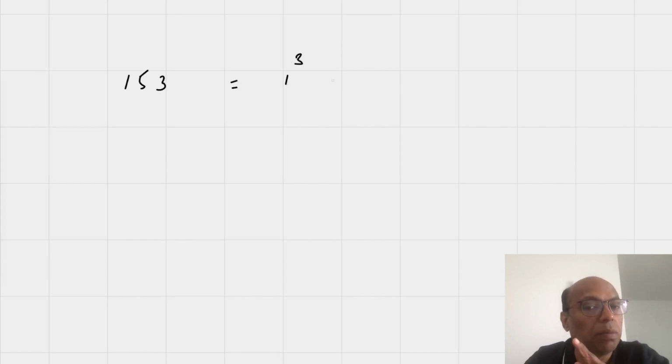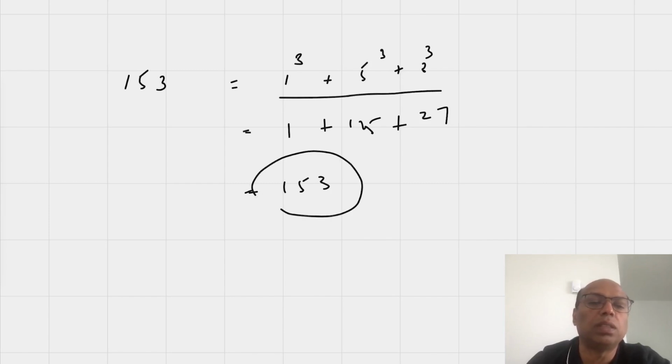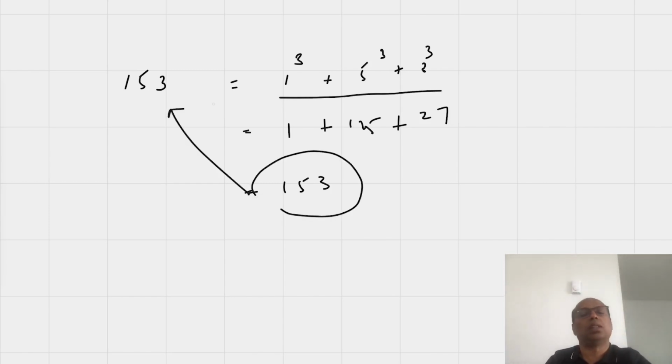If it's a 3 digit number, you have to cube the digits: 1 cube plus 5 cube plus 3 cube, 1 plus 125 plus 27, that becomes 153. The cubic sum of its individual digits will become the number itself. This is what I'm saying.